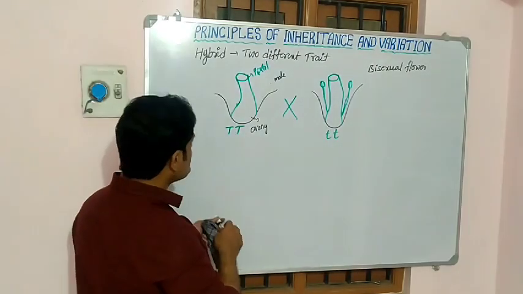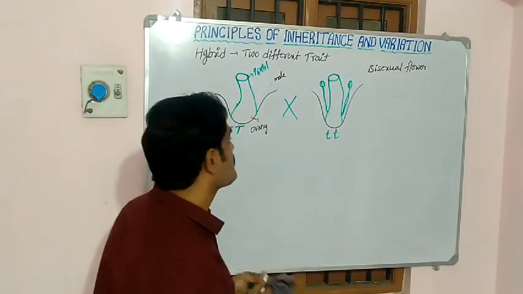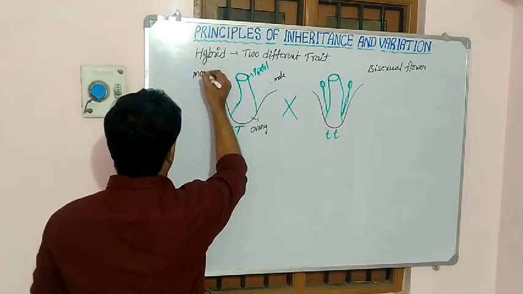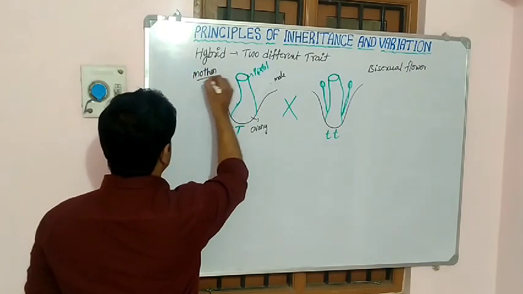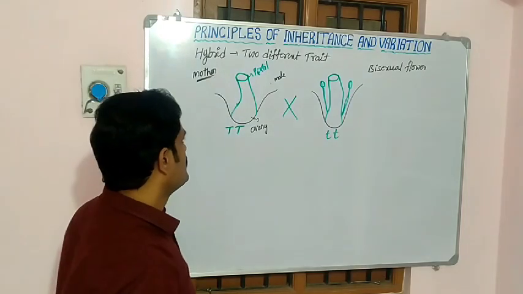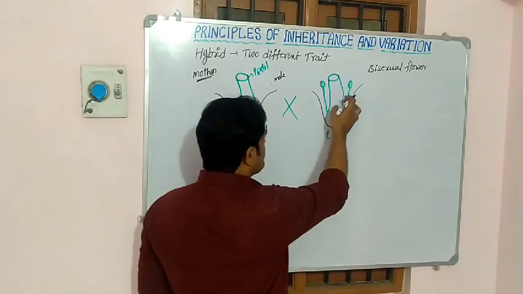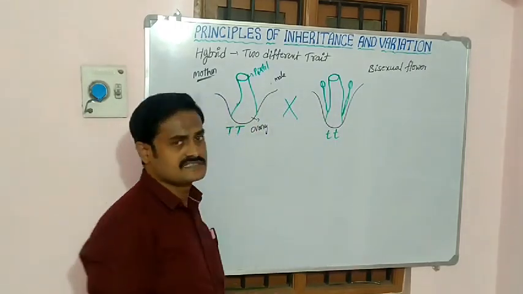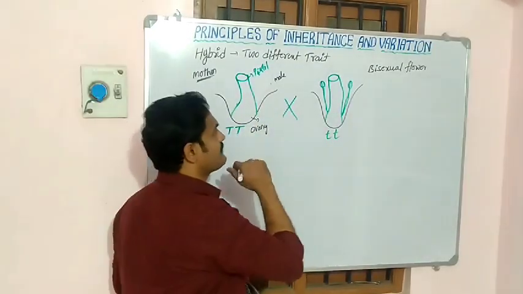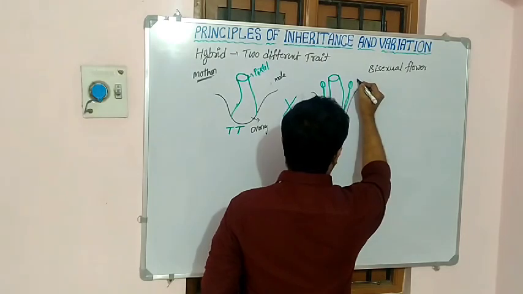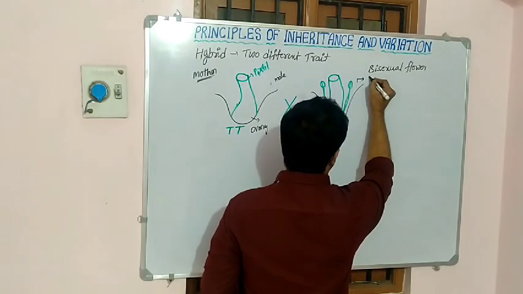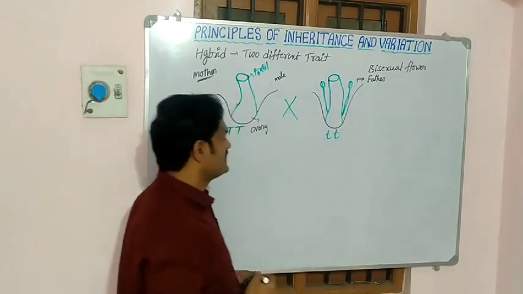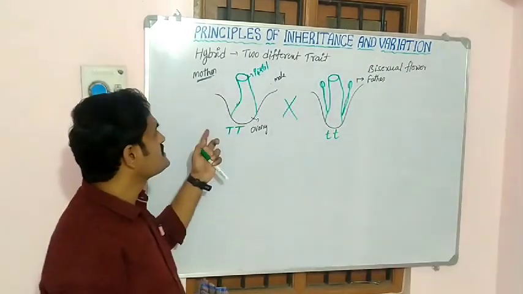This kind of plant is called the mother plant. Simply, mother plant. The plant flower which consists of both ovary and stamens, pistil and stamens, is called the father. So remember which is mother and which is father.